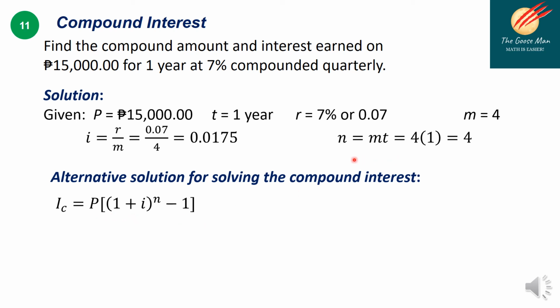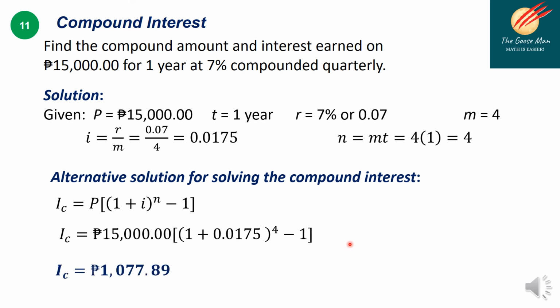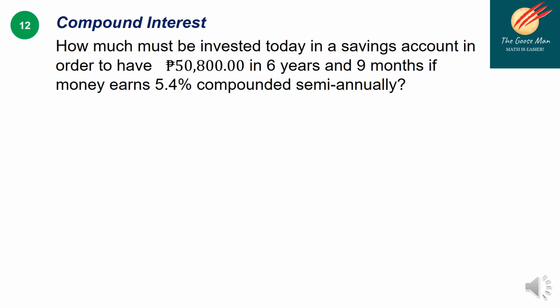Take note that our i is equal to 0.0175, and let's simply substitute. So we have 15,000 times 1 plus 0.0175 raised to 4 minus 1. So the compound interest is still the same, 1,077.89 pesos.